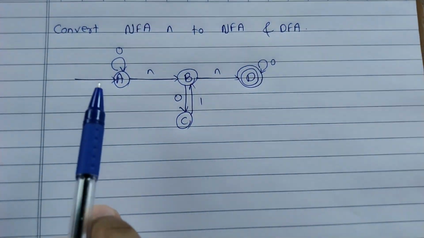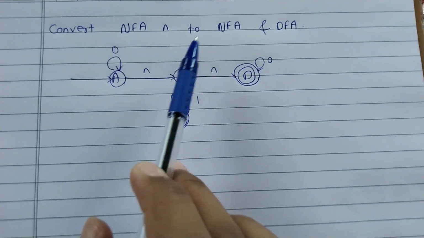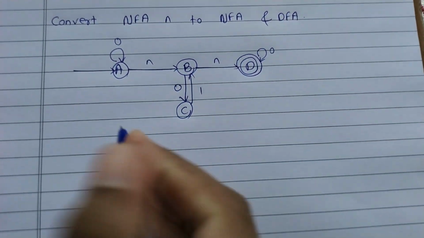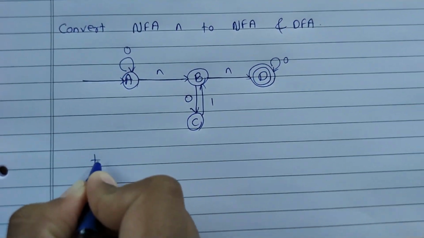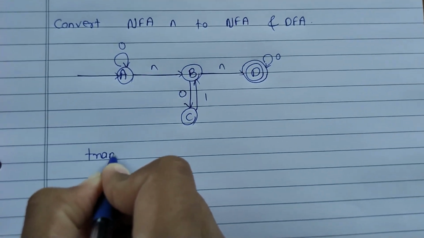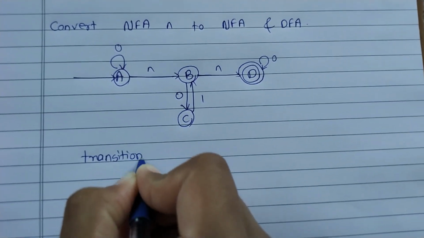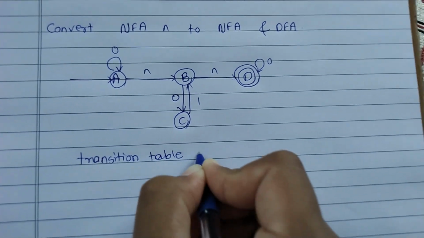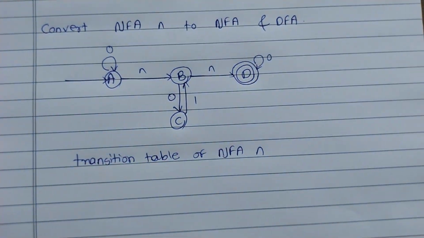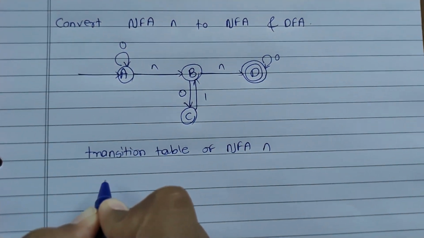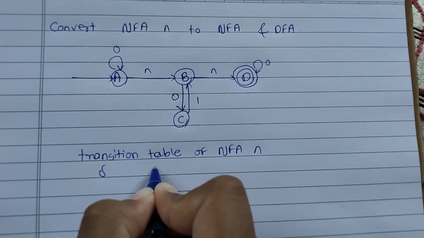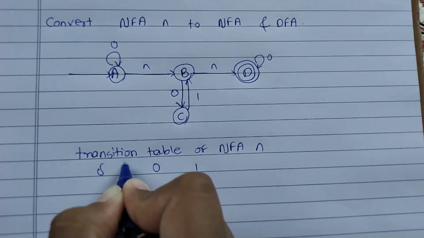Now the next question, convert the NFA null to NFA and DFA. So this is the NFA null. So we write here the transition table of NFA null. Here state and here 0 and 1 variable.